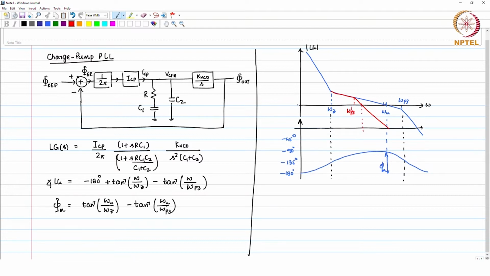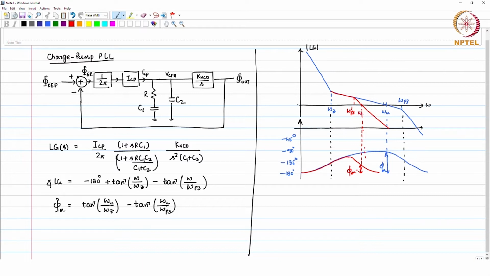You have new omega u dash, and based on your new omega u omega p3, you can have something with the omega p3. It may not actually increase that far, and it will again come back, and this will go to 0. So, the phase margin in the second case is only this much, right.